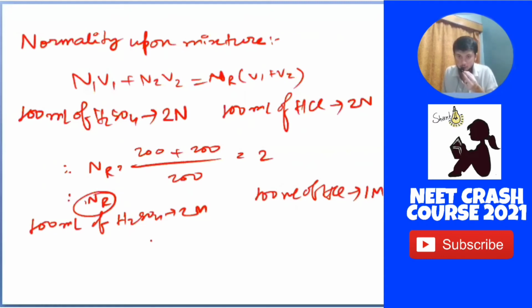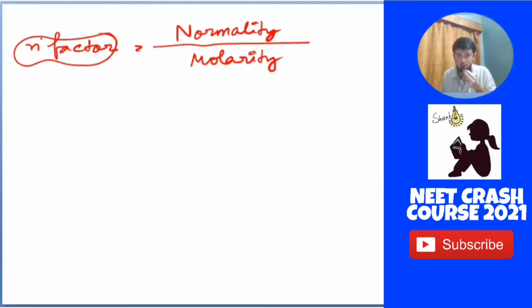Then what will be the resultant normality? What we have just seen here is that n factor is equal to normality by molarity. So you can write it like that: the normality is equal to n factor into molarity, right?